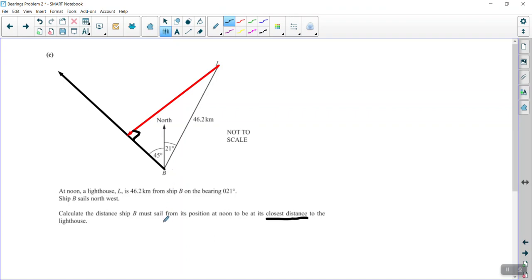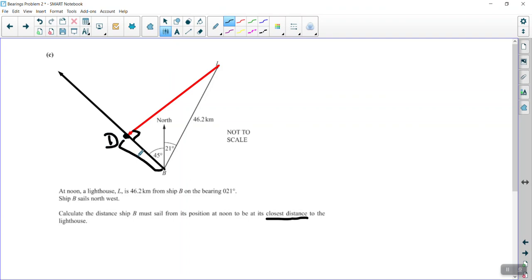So here now what do we want to find? Calculate the distance from its position to the position at which it will be at its closest distance to the lighthouse. So this is the distance that we require. Let's call it D.